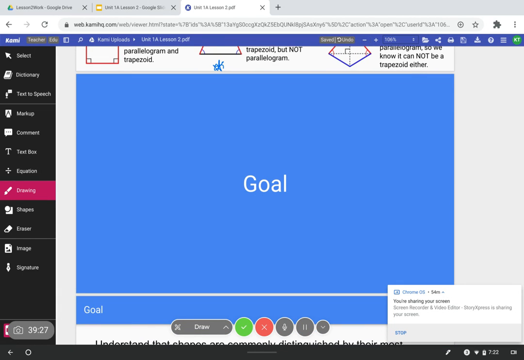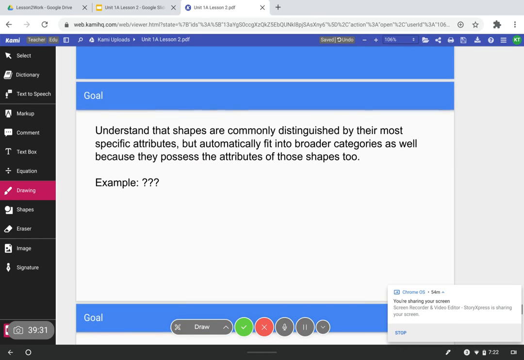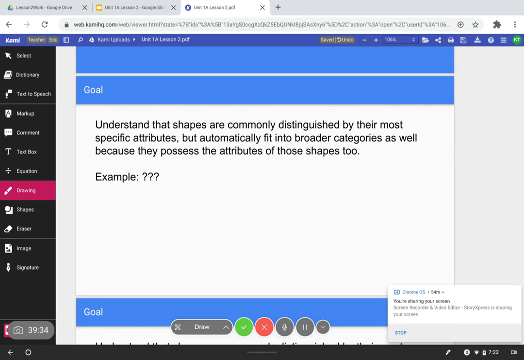So goal. What did we learn today? Scholars should understand that shapes are commonly distinguished by their most specific attribute, but automatically fit into broader categories as well, because they possess the attributes of those shapes too.